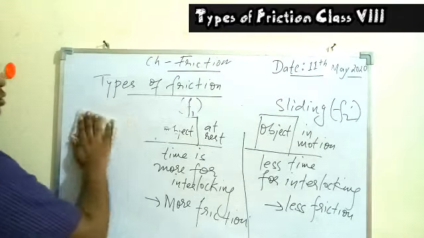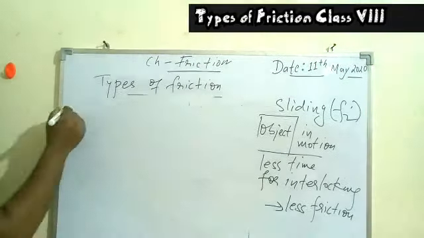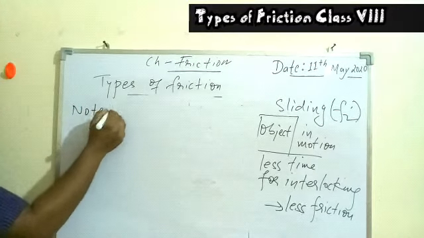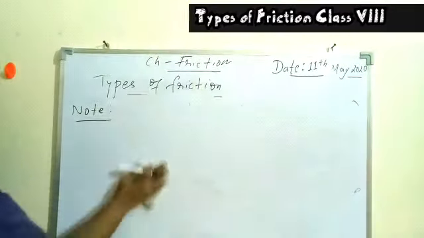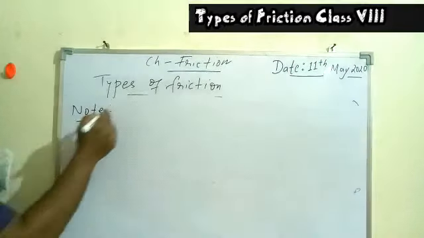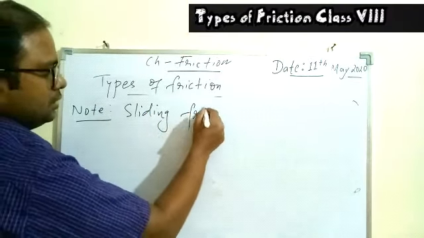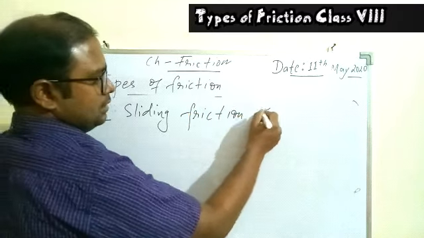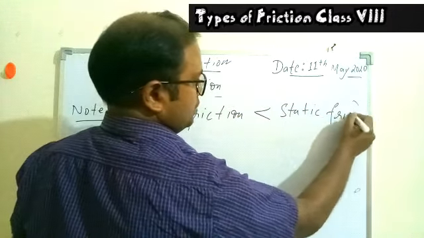Okay. So finally we can write down, that is in the note, that we have understood. What we have understood? Sliding friction is less than static friction.